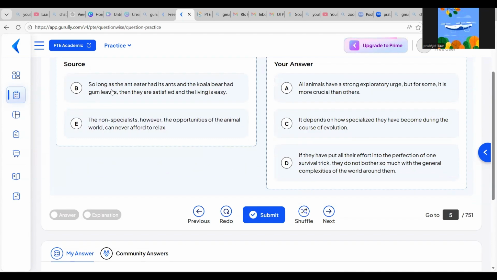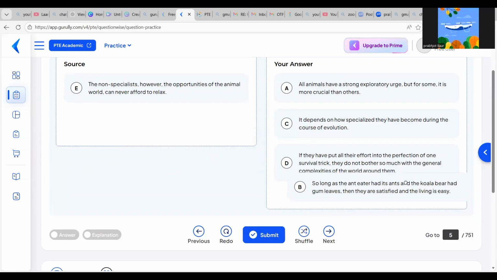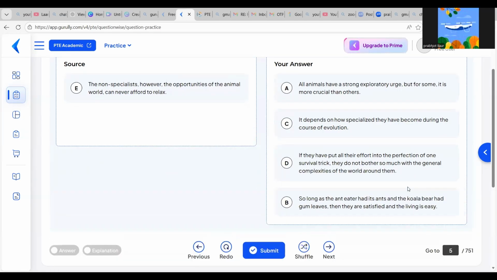So long as the anteater had its ants and the koala bear had gum leaves, then they are satisfied and the living is easy. At the end, the non-specialist, however, opportunity in the animal world, they can never afford to relax.